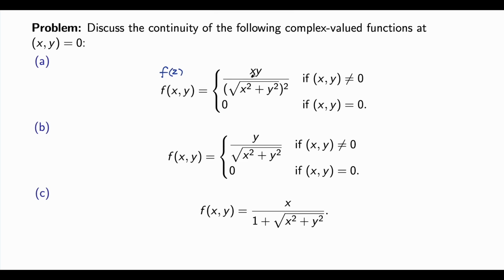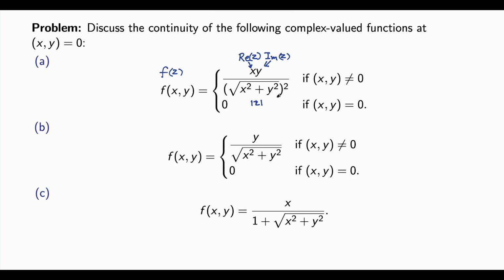This can be written as real z, this can be written as imaginary z, which is going to be x into y, and this can be written as modulus of z. So in some way you can write it in the complex way, but you can also write it in this way as well.